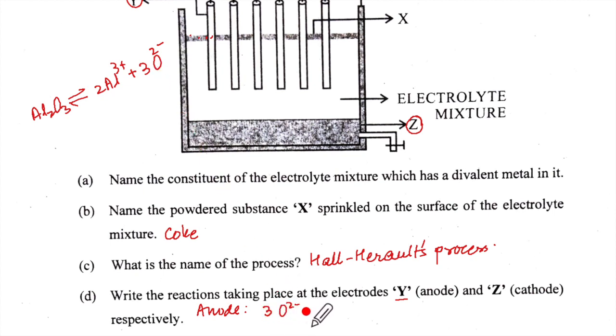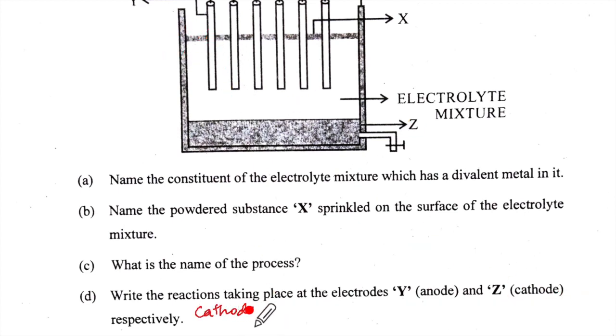They are going to lose electrons, 1 oxygen ion loses 2 electrons, so 3 will lose 6 electrons and become 3O nascent, and then 3O plus 3O will give us 3O2, and that is the gas which is liberated at the anode.